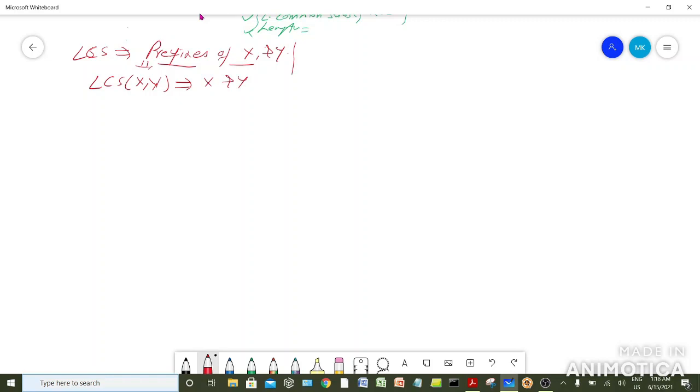Now what exactly do we mean by prefixes? Let us suppose our string X is equal to A, B, C, D. Then we can say that X has X1, which is equal to A, as its prefix. X2 will be equal to AB, which is also a prefix of X, X3 is equal to A, B, C, and in the same way X4 is equal to A, B, C, D. In the same way X0 is equal to a null string.